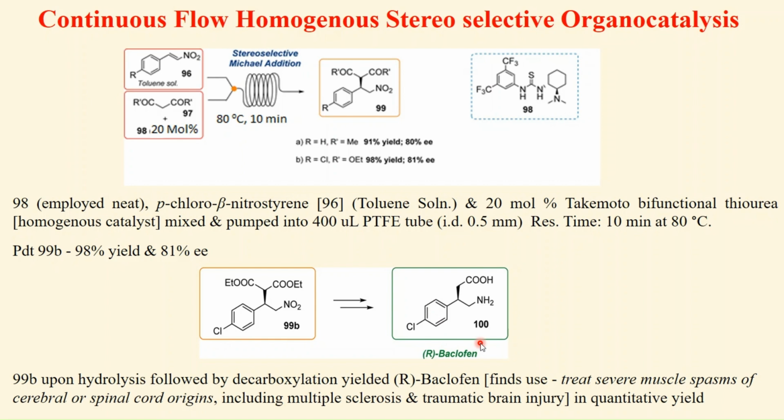R-baclofen is the drug of choice for treating severe muscular spasm of cerebral or spinal cord origin, which includes multiple sclerosis to traumatic brain injury. This baclofen synthesis has been achieved in quantitative yield by continuous flow system.